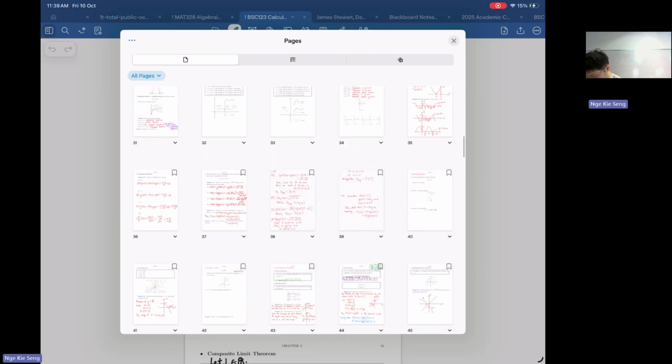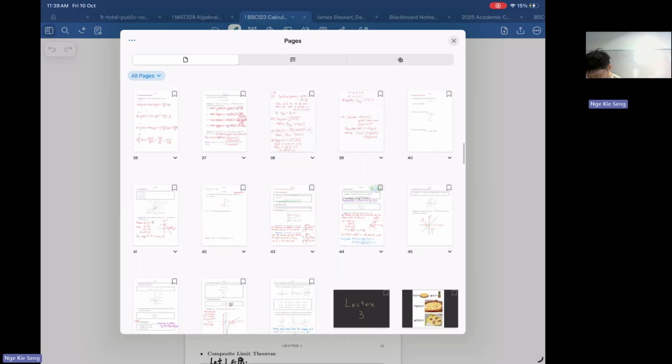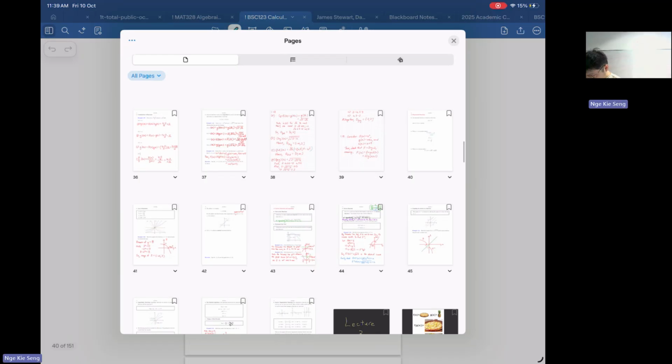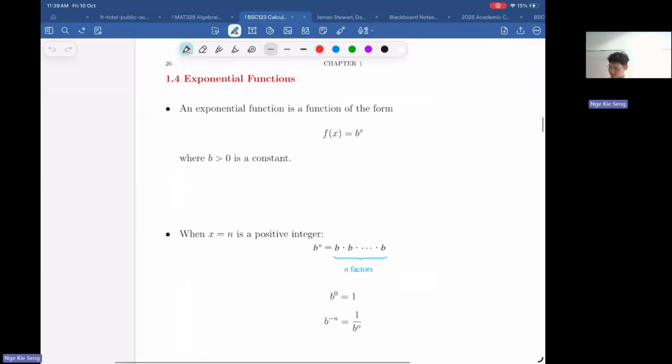Sometimes I also forget these phrases. So where is the list of functions here? These are the exponential functions. Okay, good. The exponential function doesn't need to be base e, but any constant b, where b is greater than 0. All right, then that's good.